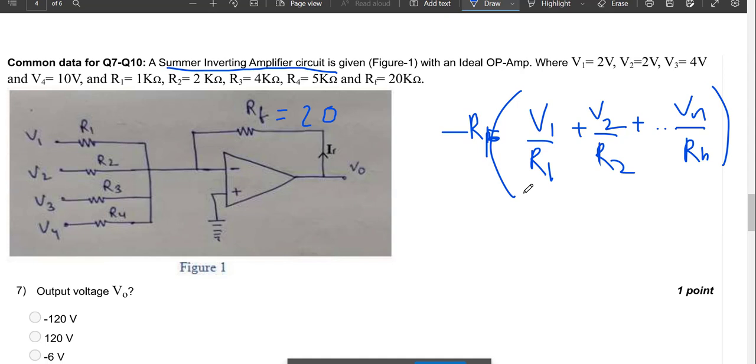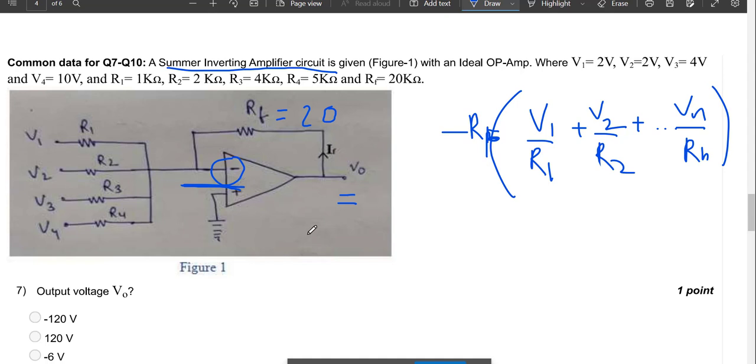Another thing to understand, how can you identify that it's an inverting amplifier is by looking at the circuit here. All these resistances and voltages are applied. Input is given to the negative terminal, right? So if it's given to the negative terminal, then the output will be opposite in polarity to the input, so it will be inverting the signal.